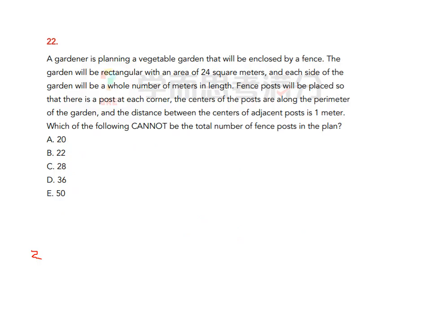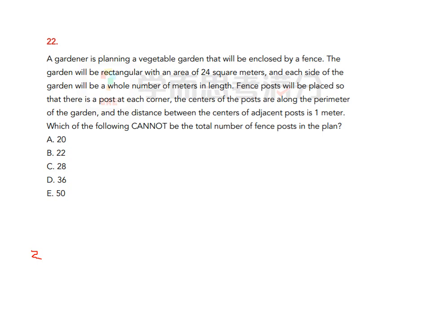Let's see the next question. A gardener is planning a vegetable garden that will be enclosed by a fence. The garden will be rectangular with an area of 24 square meters, and each side of the garden will be a whole number of meters in length. Fence posts will be placed so that there is a post at each corner.